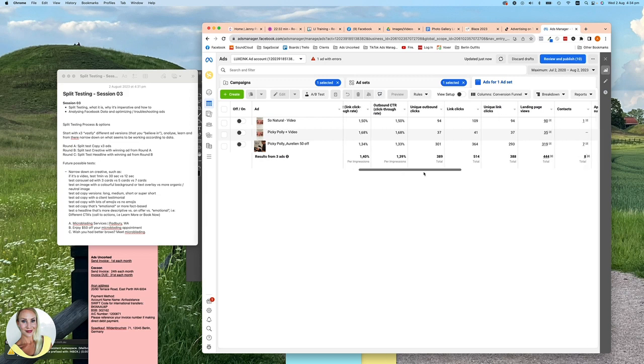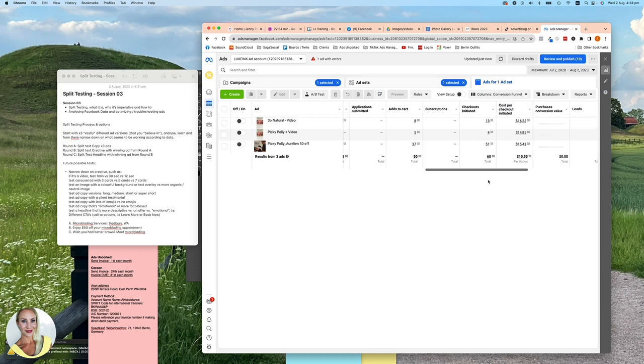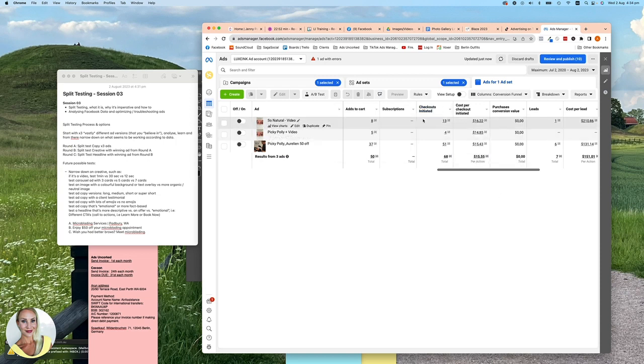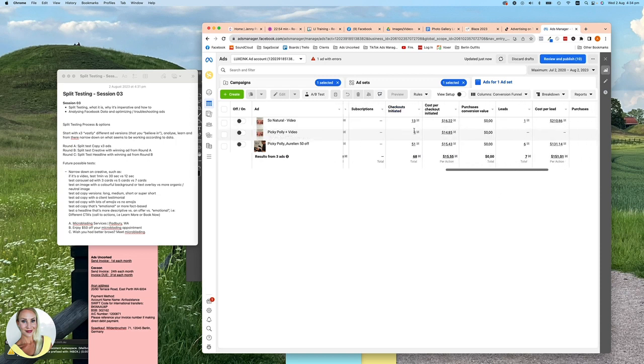And then I, of course, check the other metrics, specifically the checkout initiated, to see how many people are clicking through on the ad and also actually initiating a checkout. So they're clicking book now. They're curious to find out about the booking process, or about the price. They're a little bit more engaged, a little bit warmer if more people initiate checkout.